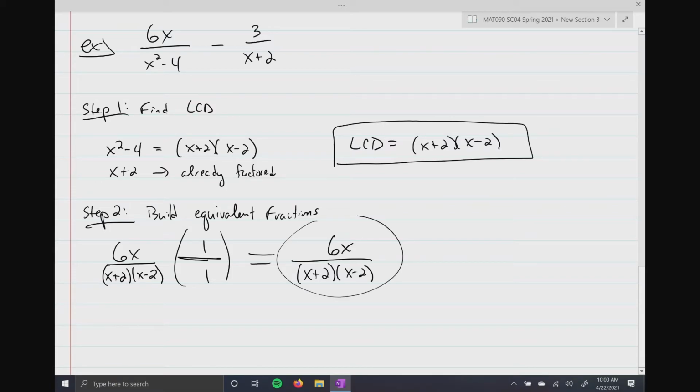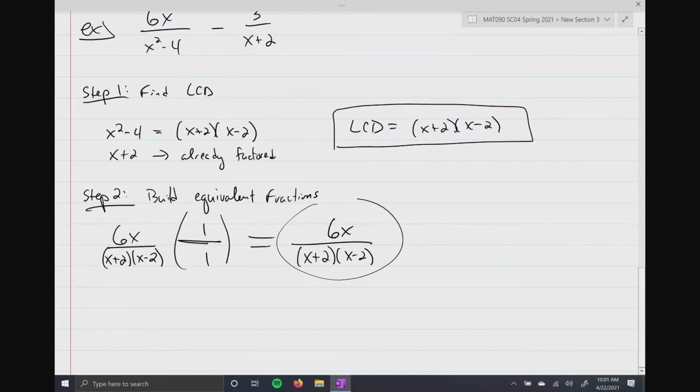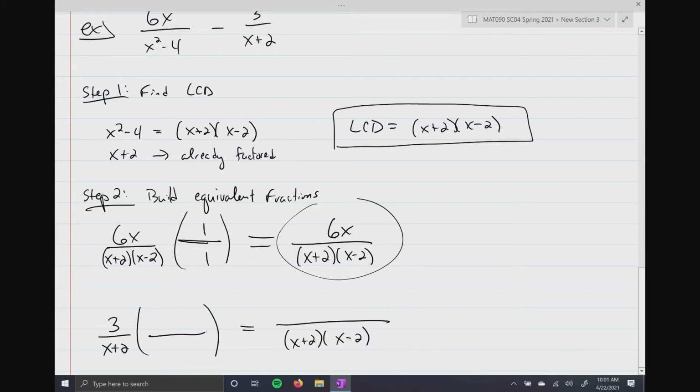Does that make sense, everyone? Okay? For the second fraction, 3 over x plus 2. Now, I need to multiply this by something so that I have x plus 2 and x minus 2 in my denominator. What am I going to multiply by?